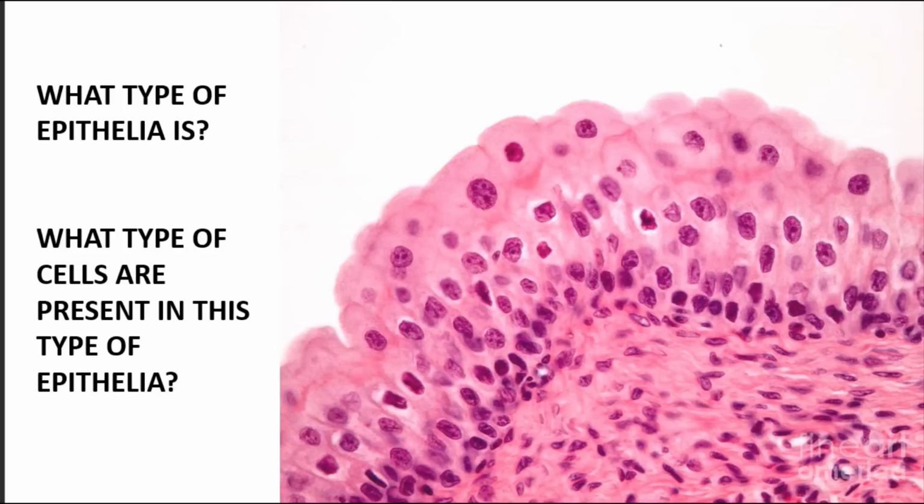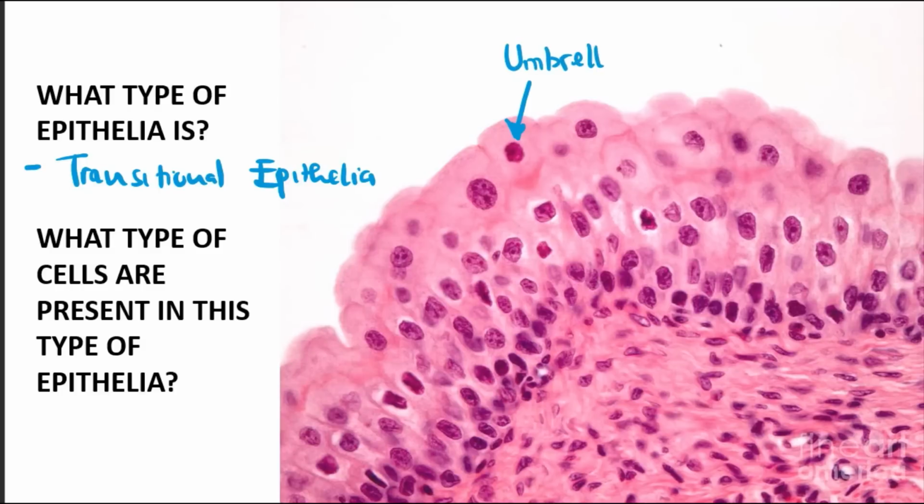All right, let's move on. What type of epithelia is this? This is transitional epithelia. What type of cells are present in this type of epithelia? The apical cells here are umbrella cells. The umbrella cells prevent urine from entering the epithelium.